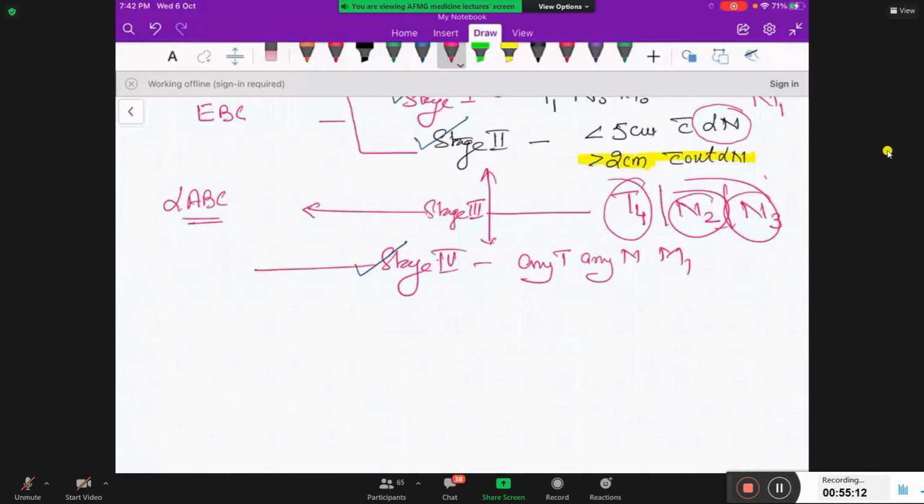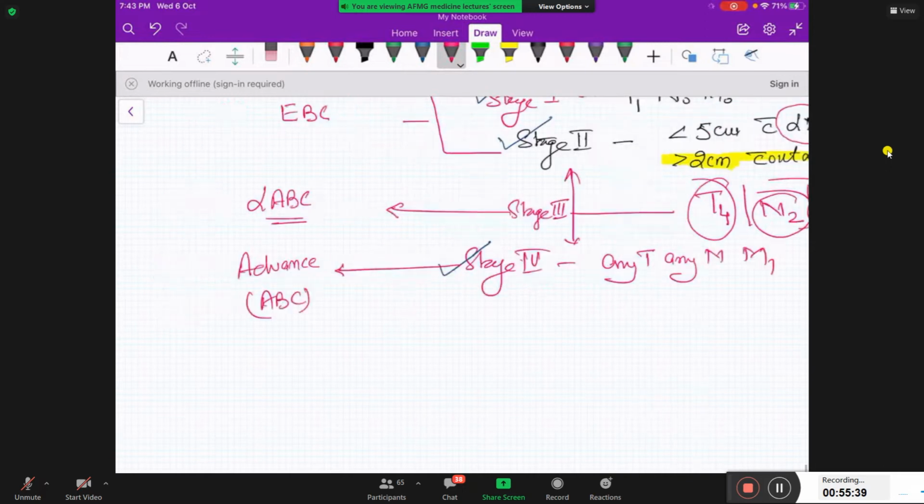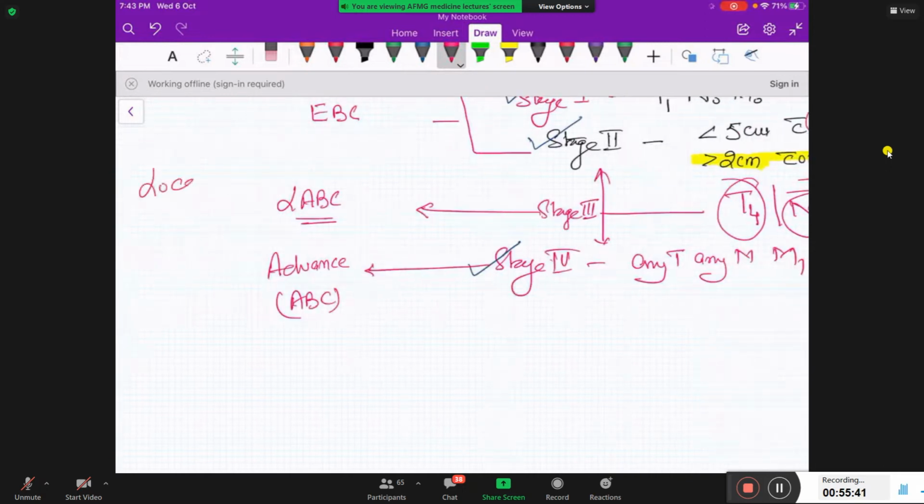And stage 4 is called advanced breast cancer.